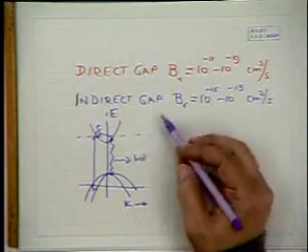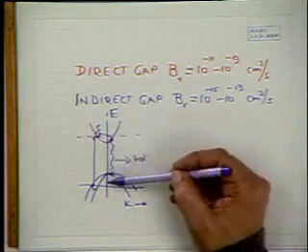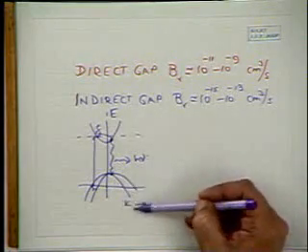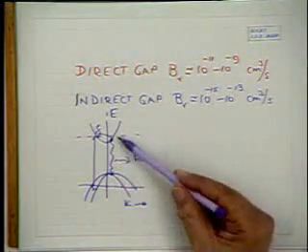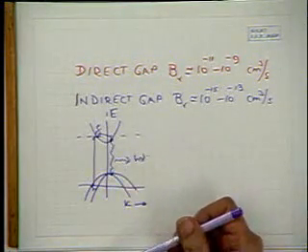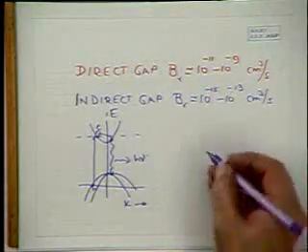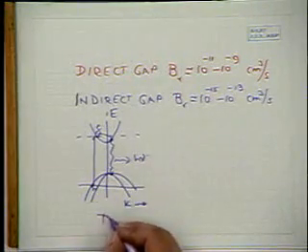And since the electrons and holes have the same overall momentum, there is high probability of recombination. However, this is for a direct gap semiconductor.